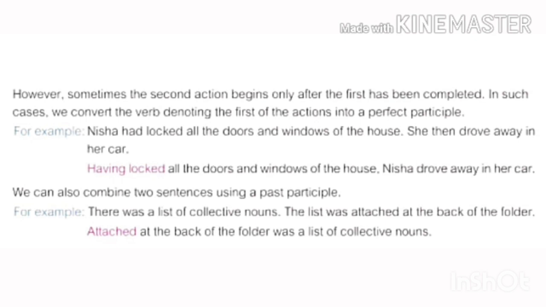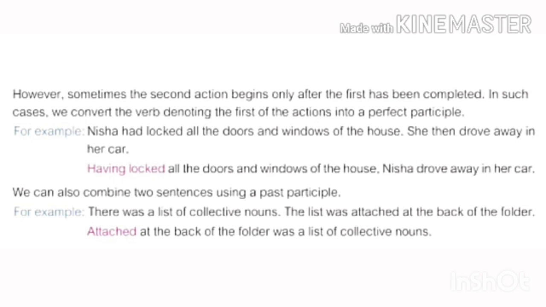The second example is with the use of the past participle to join the set of sentences. See, there was a list of collective nouns. This is the first sentence, and the list was attached at the back of the folder. This is the second. So we have to combine these two sentences and we have to use the past participle. Now past participle means the V3 form.